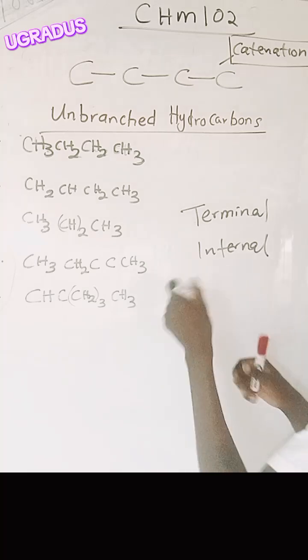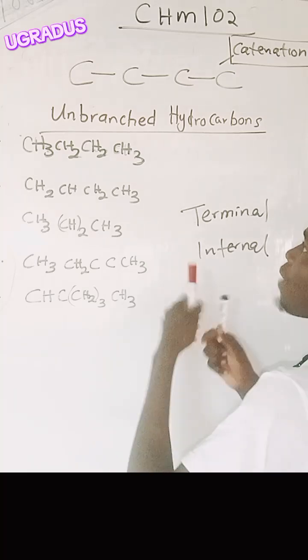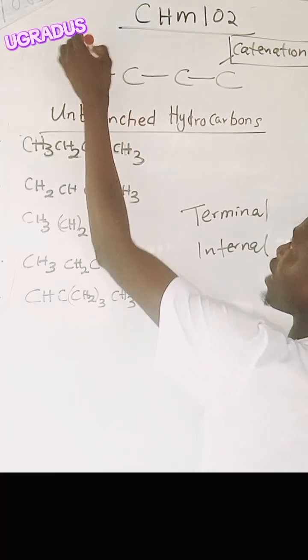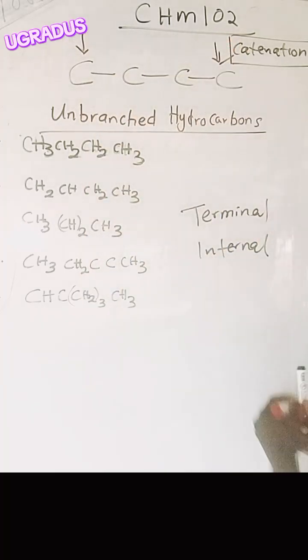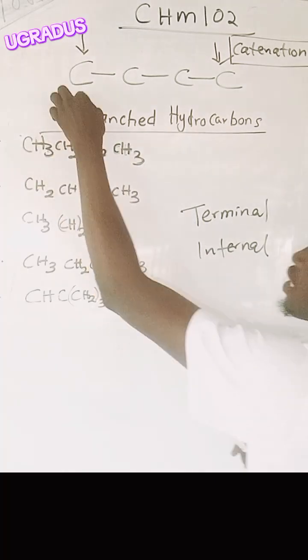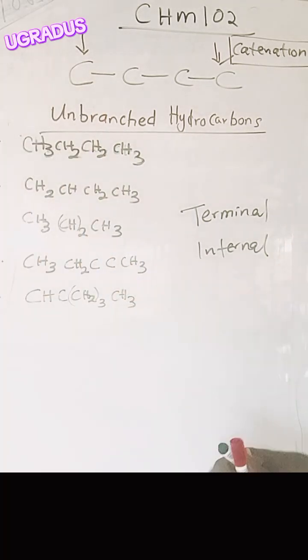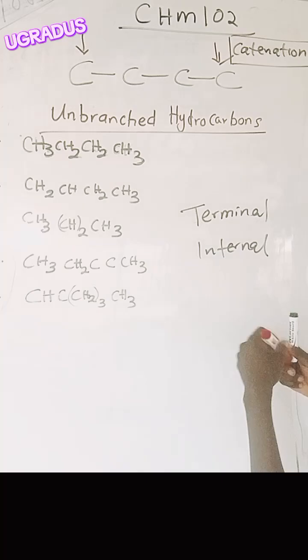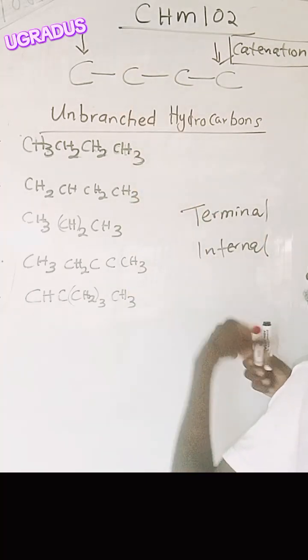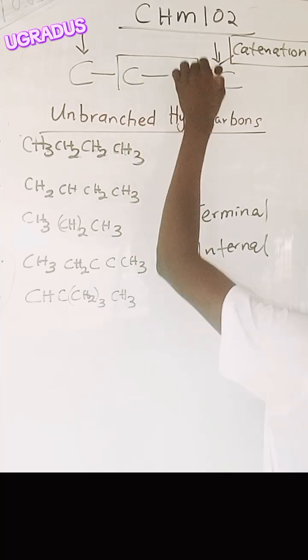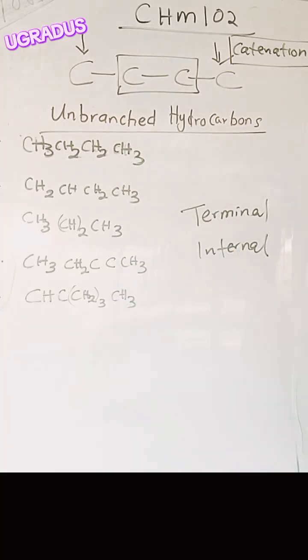So for instance, this particular carbon, the one I'm putting my arrow to, is terminal. Why? Because to the left, this carbon is a terminal carbon, and to the right, this carbon is at the extreme end. But these 2 that we just boxed in the middle with my black marker, they are both internal carbons.